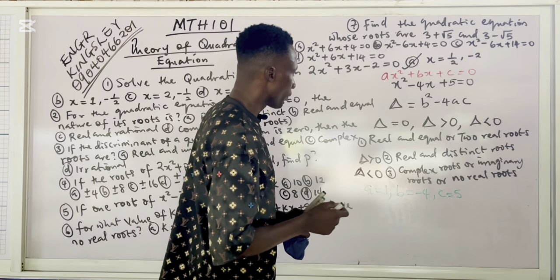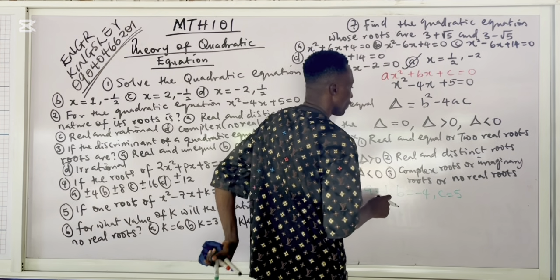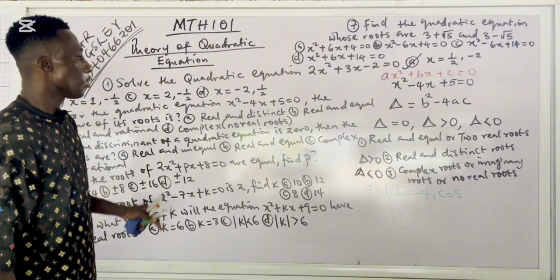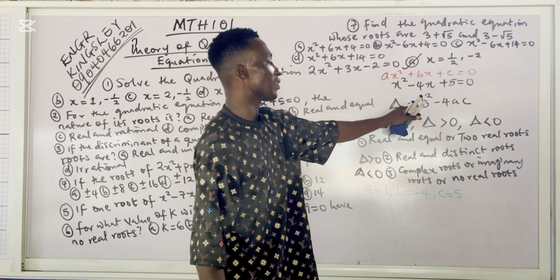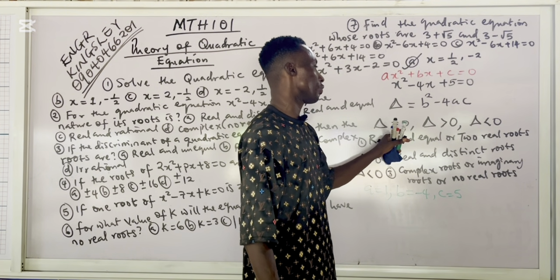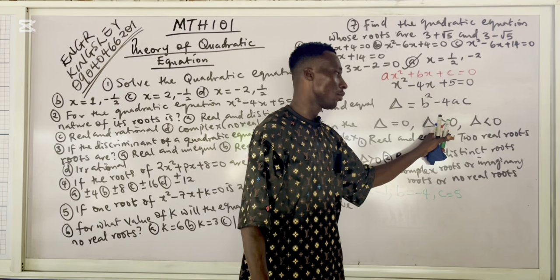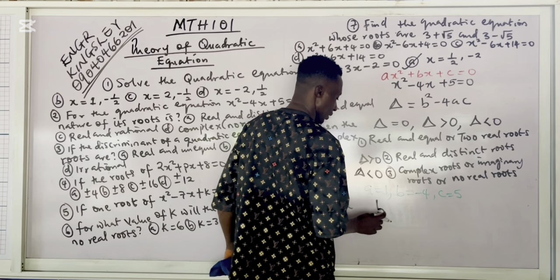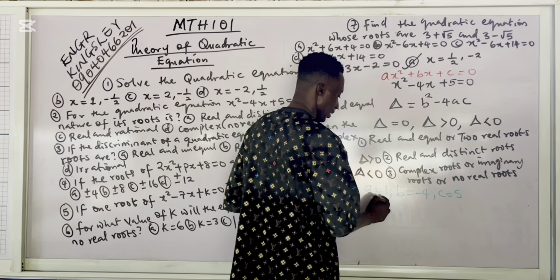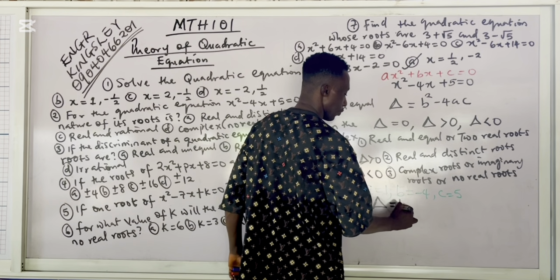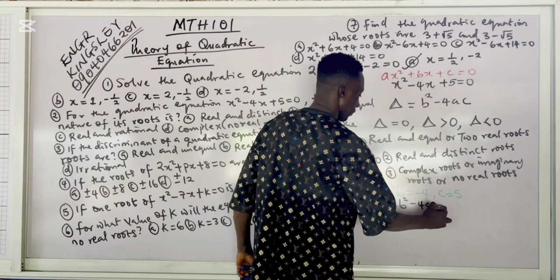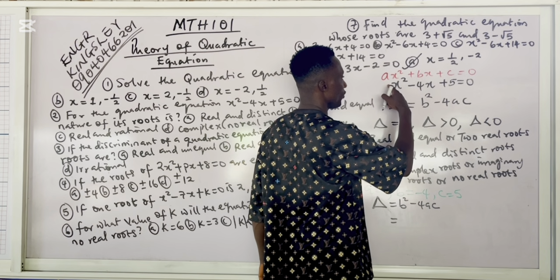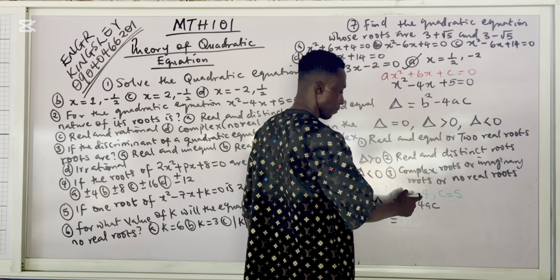Okay, moving on. Since they are saying that we should check the nature of the roots, we have to plug in the discriminant and see whether it will be equal to 0, greater than 0, or less than 0. So the discriminant, delta, is equal to b squared minus 4ac. Our b value, according to the equation given, is minus 4.